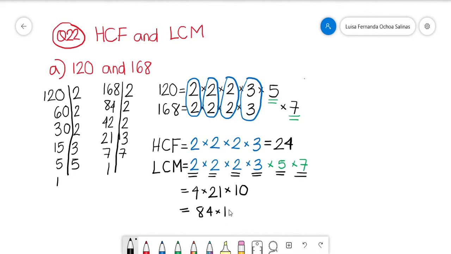Times 10 is equal to 840. I didn't have to use my calculator or any difficult procedure. It was just putting these numbers together in a way that made my multiplication much easier. So here you have your two answers.